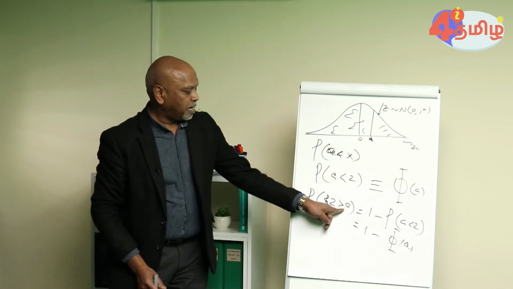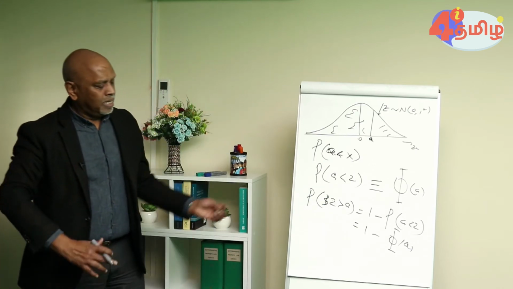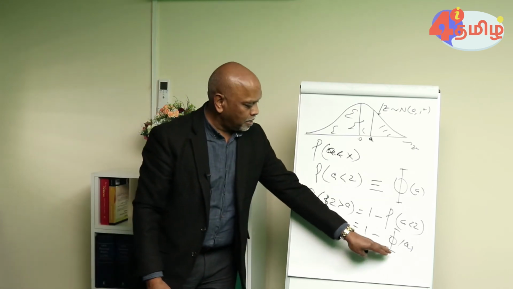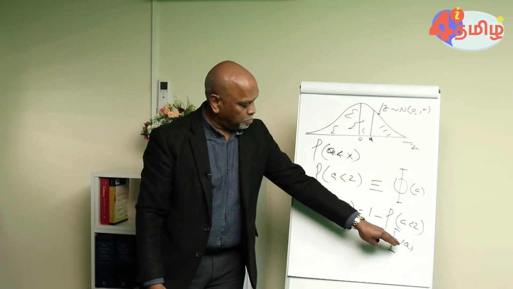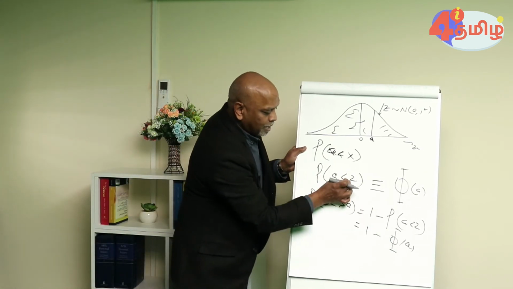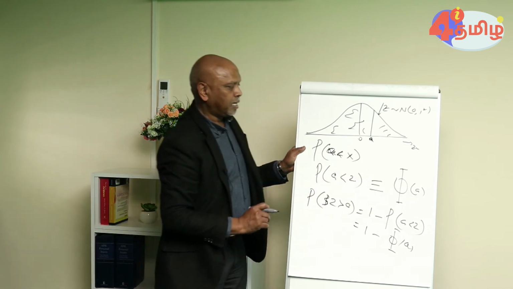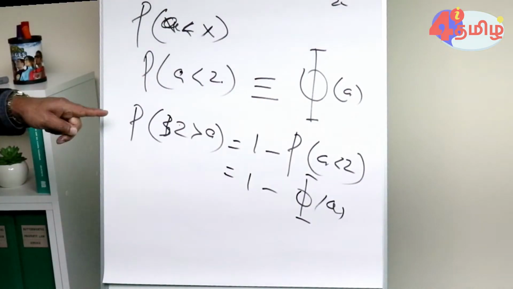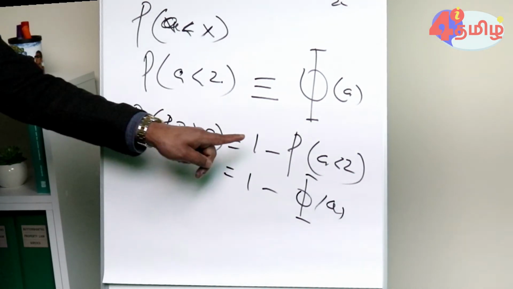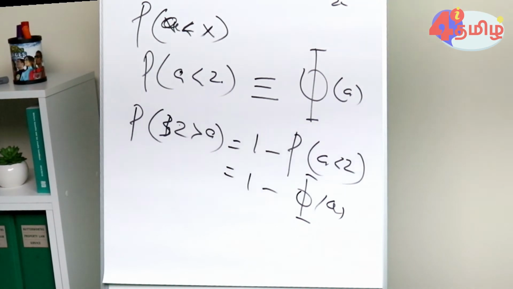So Z greater than a can be written as 1 minus this format. The reason I'm writing this is that normally in the exam they give you this. So you always need to know that the z is less than a particular value. If they ask you to find the greater than, then remember you need to do 1 minus the value.